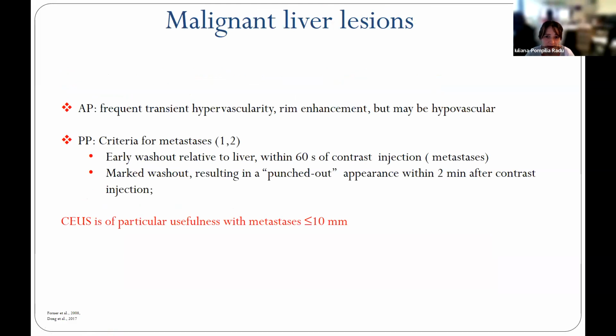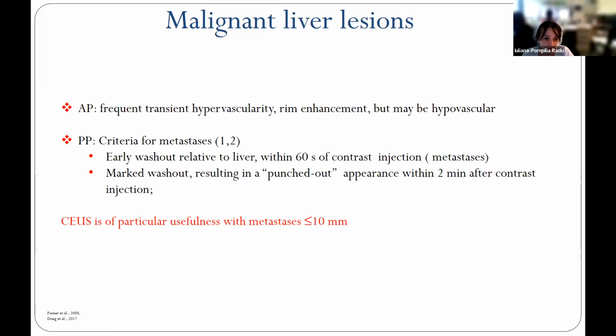What about the malignant liver lesions? Here, the arterial phase is not specific, so we should not insist very much on this phase when we perform an ultrasound, because we can have hypervascularity, rim enhancement, or it can also be hypovascular, depending on the quantity of fibrosis and the type of the tumor.